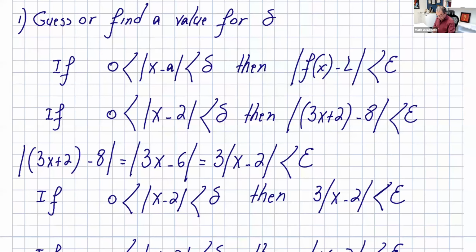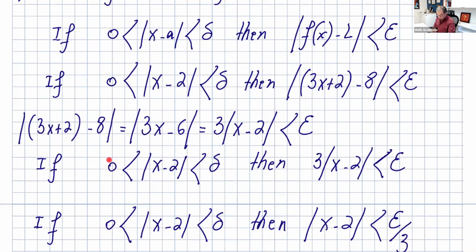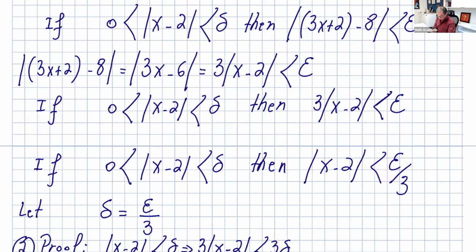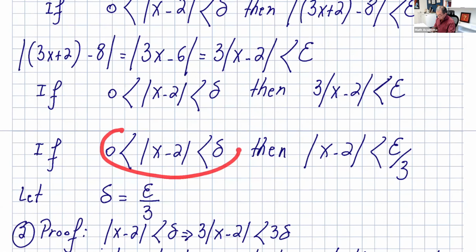So we know if the absolute value of x minus 2 is between 0 and delta, then 3 times the absolute value of x minus 2 is less than epsilon. So we can write the absolute value of x minus 2 is less than epsilon over 3. We can see a relation here. So let's pick delta equals epsilon over 3.